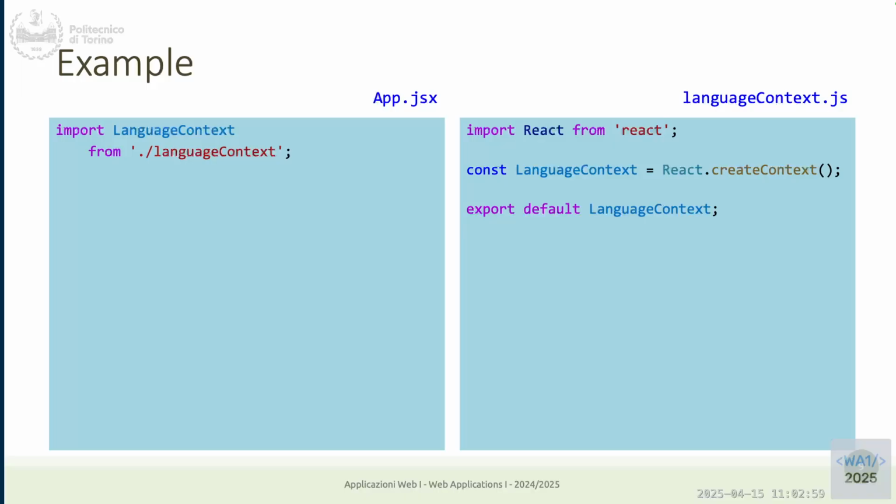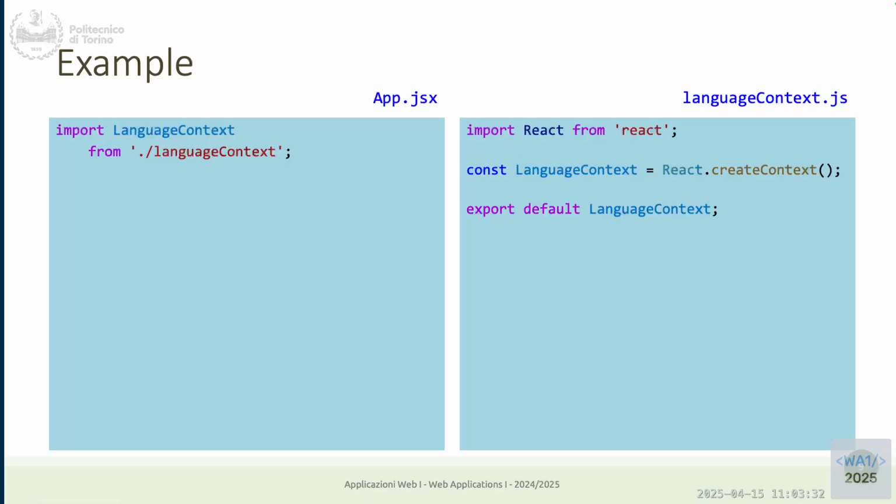So we put it in a separate file. The first time the file is imported, the code is run. All the other times the file is imported, we just access the previous object through the export. So we only have one context object created, and the reference to this object is imported in all the components that need it. So that's why we tend to have it in a separate file and import this file into our code.